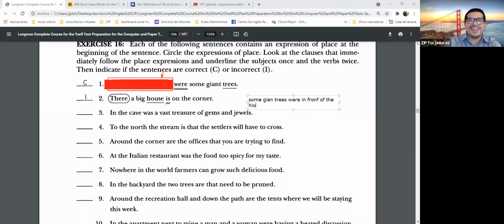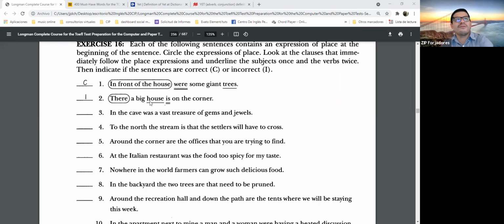With this one, now we know that it's necessary to have the prepositional phrase to make meaning, you know? So if you start the sentence with "in front of the house," you are going to invert the subject and the verb: "Were some giant trees." Okay, so that's why it's correct.